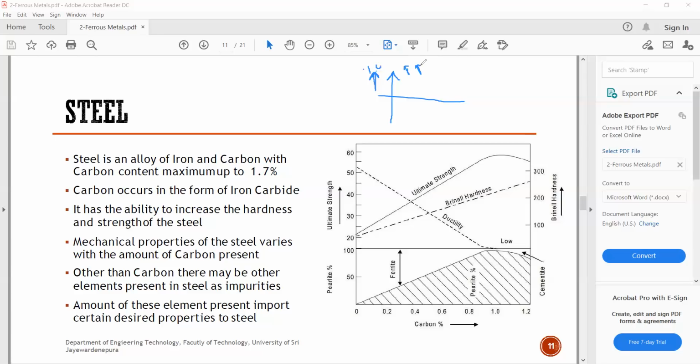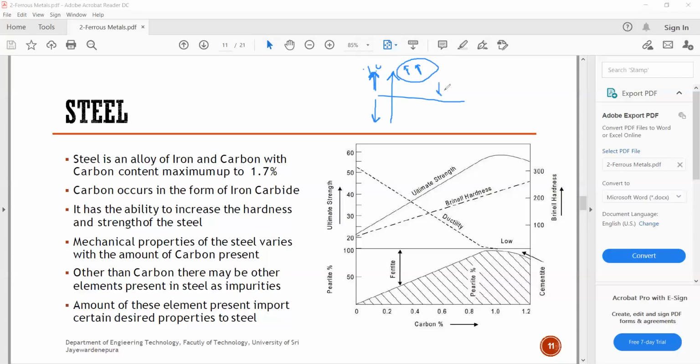So this will happen when you increase the carbon percentage. Okay, now what will happen when you increase the carbon percentage? These are increasing.